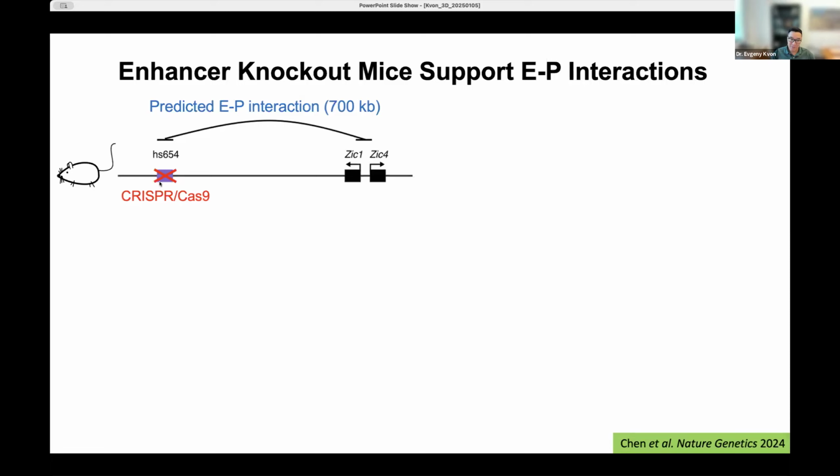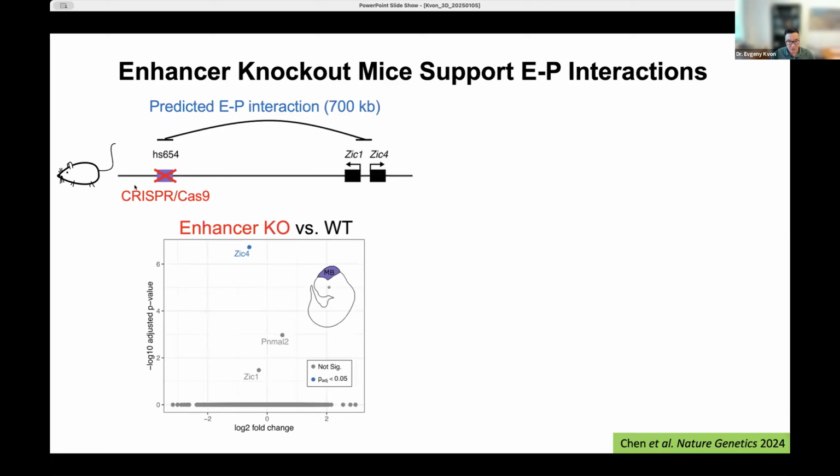In this case, as I already told you, the HS654 enhancer is predicted to interact with the Zik1 and Zik4 genes. So we deleted it from the mouse, and when we performed RNA-seq from midbrains and compared enhancer knockout versus wild-type mice, we can see that the only significantly downregulated gene is Zik4. Zik1 is downregulated, but it's not significant. And this validates the interaction that we predicted with capture Hi-C.